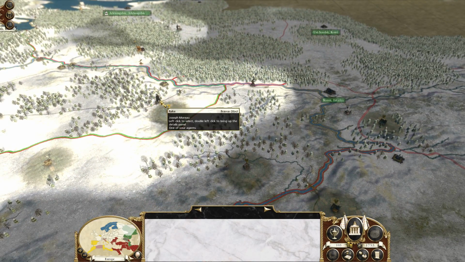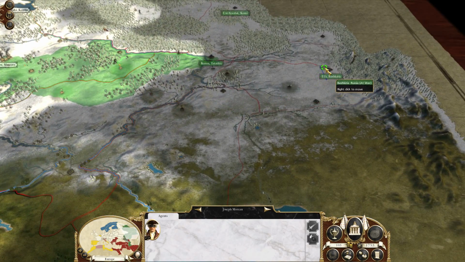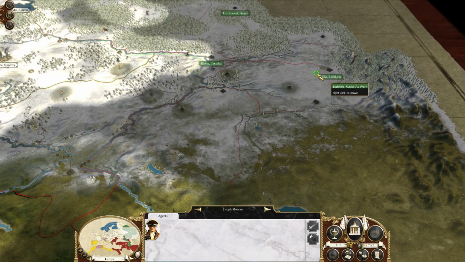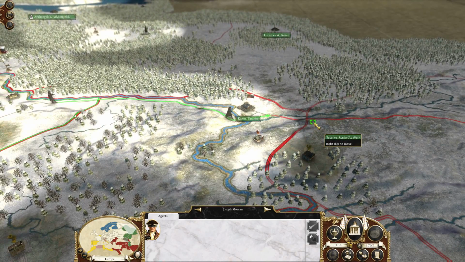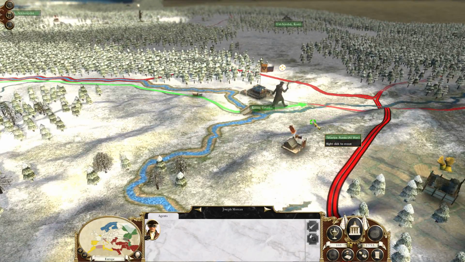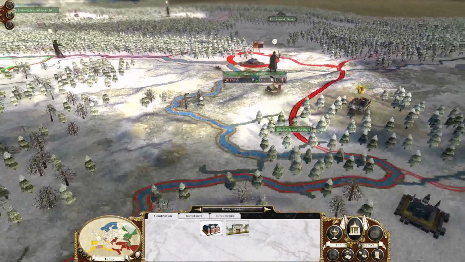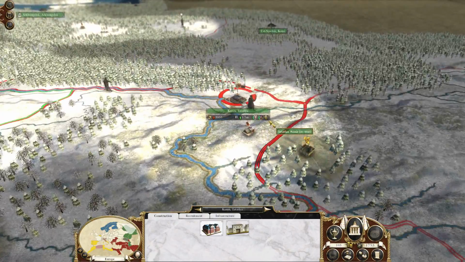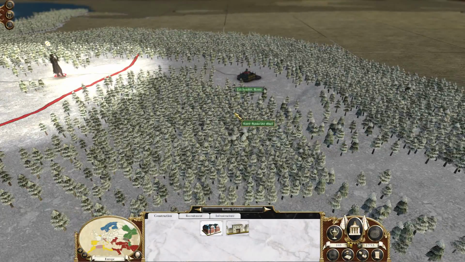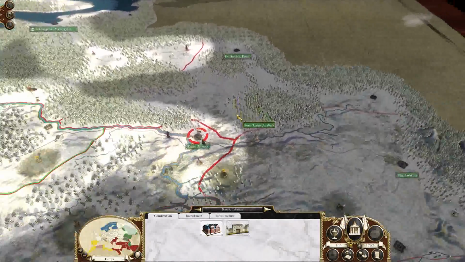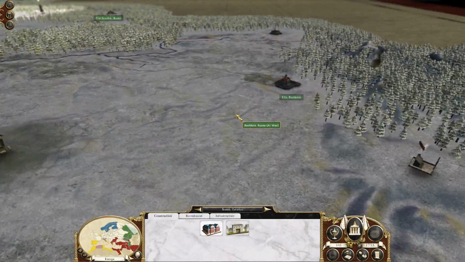Let's move our spies further and let's find out what's happening out here. So, there's Kazan. Ussisolsk. Ufa.